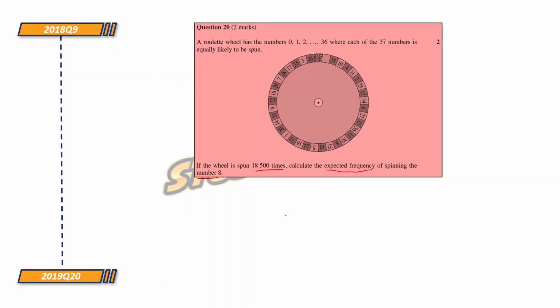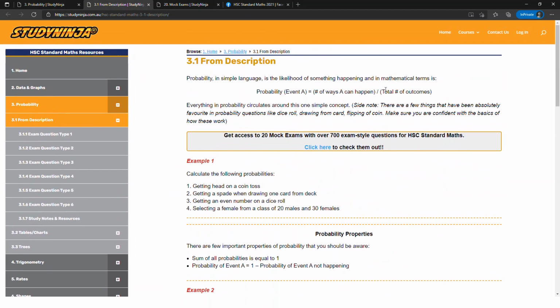So exactly the same thing is happening there. Again, using the same formula that I showed you before, 18,500 multiplied by the probability of number 8 coming. Again, as I showed, the work that needs to be done is here. What is the probability of 8 occurring? If there are a total of 37 numbers, I take you back to the basic property: probability of something happening is the number of ways that something can happen divided by the total number of outcomes.